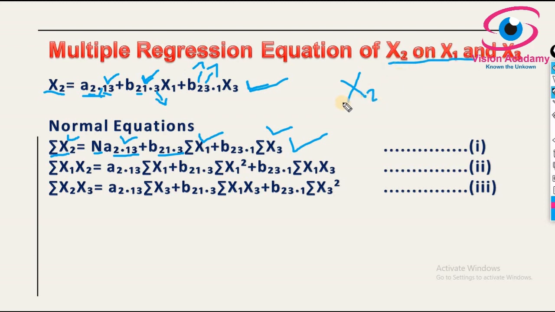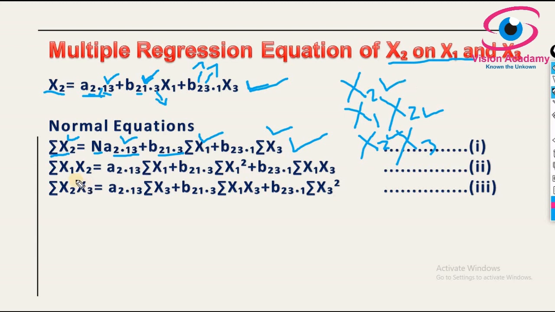One is summation x1, one more is the other relation we established with x2, summation x1 x2, and one more is x2 x3. Here you can see there is x2, here also x2, here also x2. So we will formulate only three equations for this.